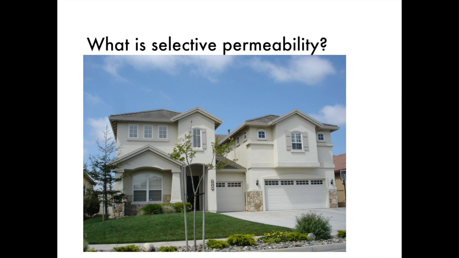And your house is selectively permeable to different types of objects. For example, if you want to get into your house, maybe you go through the garage door, maybe you go through the front door, but those doors are selectively permeable to you or anyone who's got a key to get in, assuming that you lock your doors.